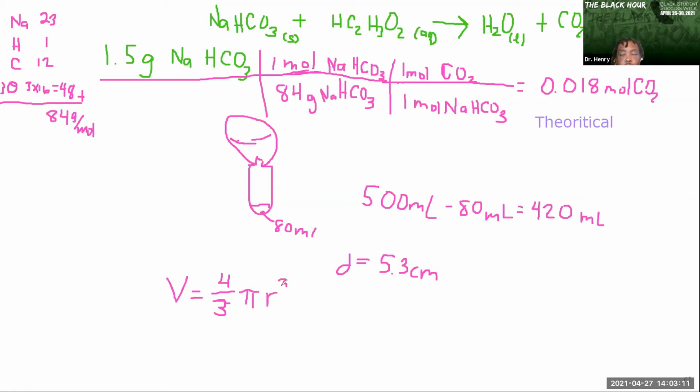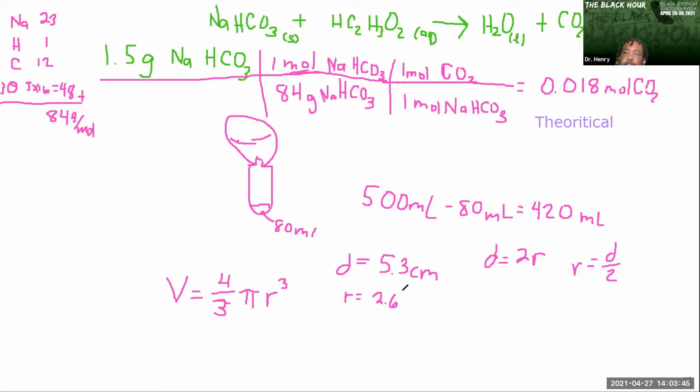Okay, we know that diameter equals 2R, right? Or we could just say R equals diameter divided by 2. So my R in this case is going to be 2.65.